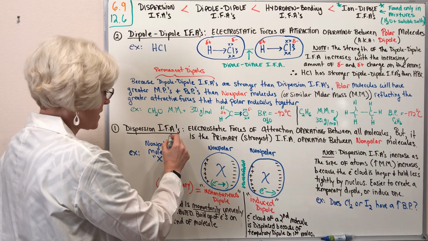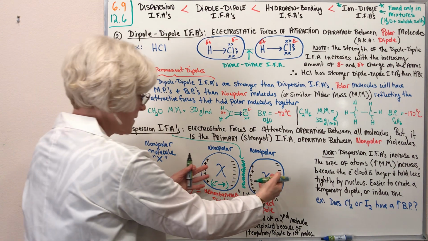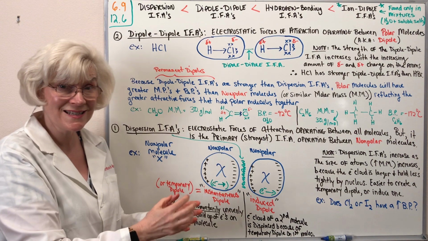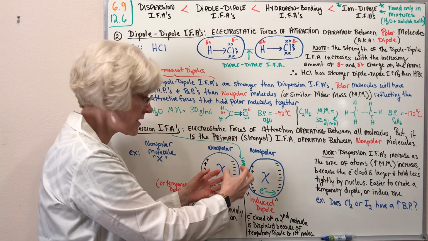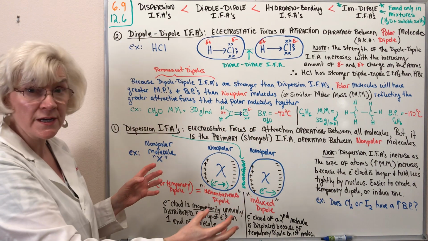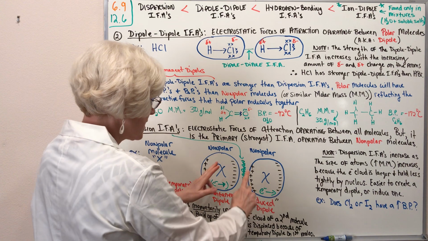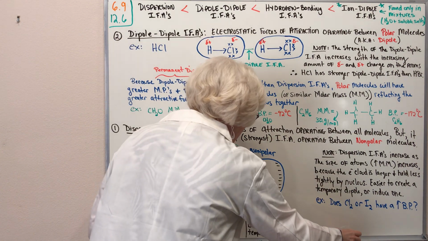This dispersion IFA happening right here, causing these two molecules to stick or attract together weakly just for an instant, just for a moment. And then the picture changes. The electrons can be redistributed. You no longer have this momentary instantaneous dipole.